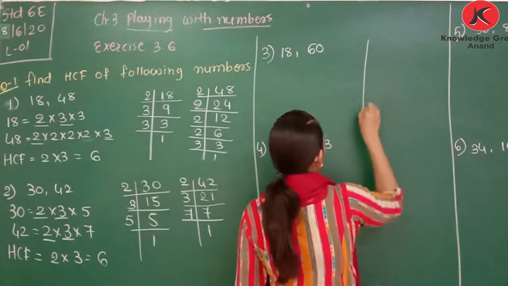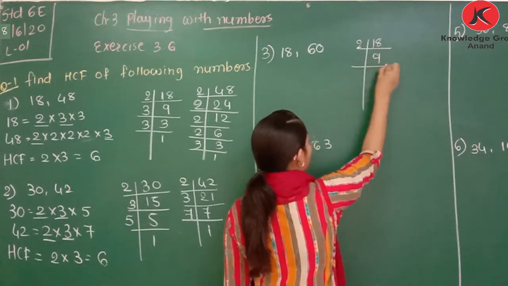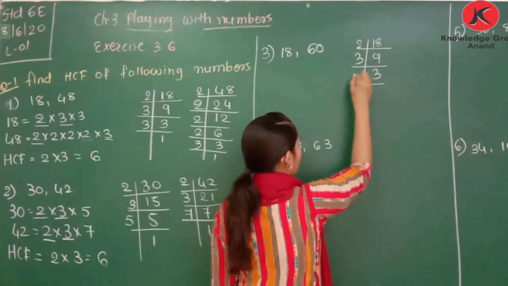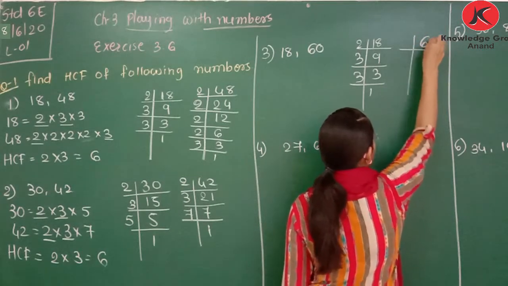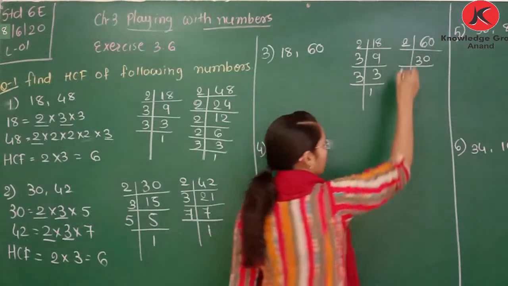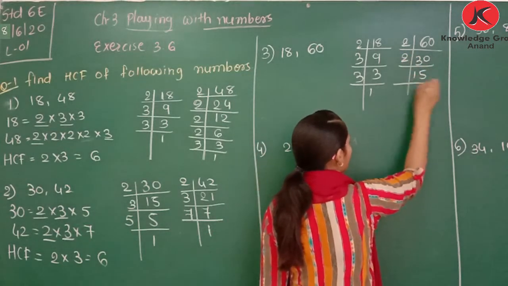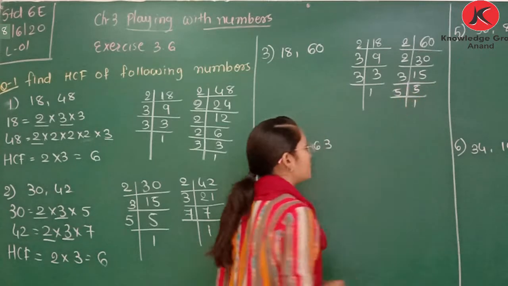So here find out factor of 18. 2 9s are 18, 3 3s are 9, 3 1s are 3. Now factor of 60. 60 is divisible by 2, so 30 2s are 60. 2 15s are 30. 3 5s are 15 and 5 1s are 5.